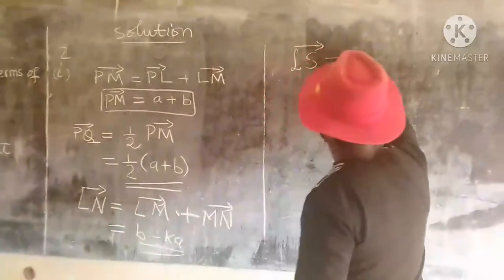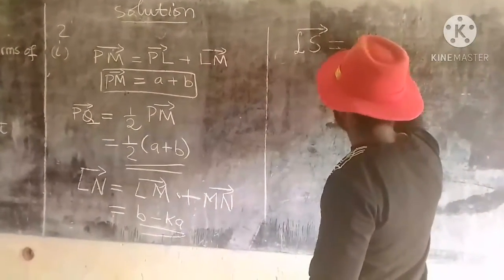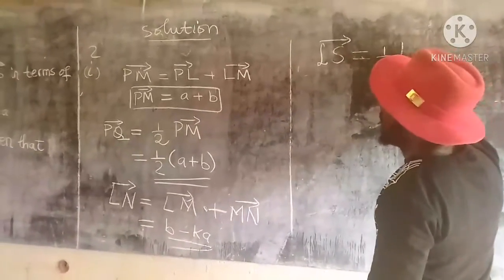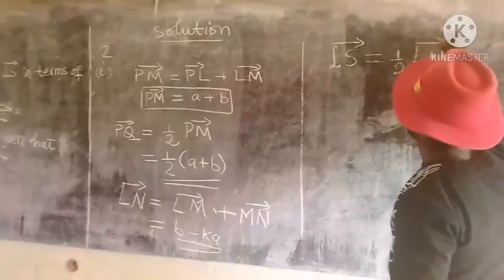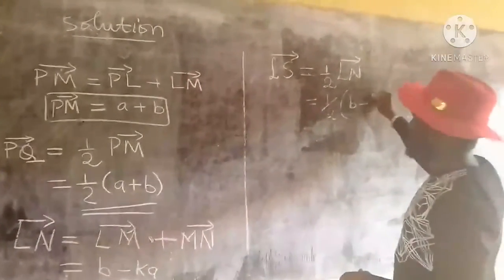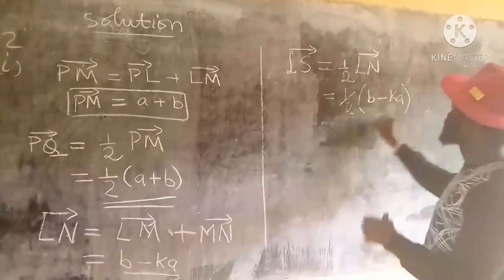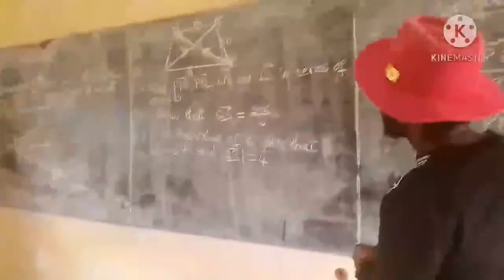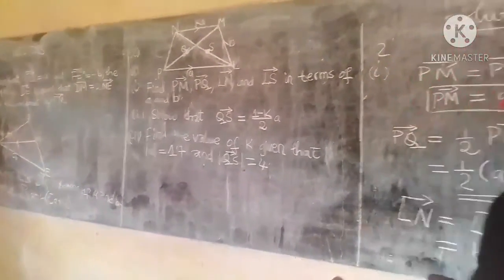So, we can do it this way. We can write LS is equal to half of LN, equal to half into b minus a. We have solved for that as well. Let's go to small Roman 2.